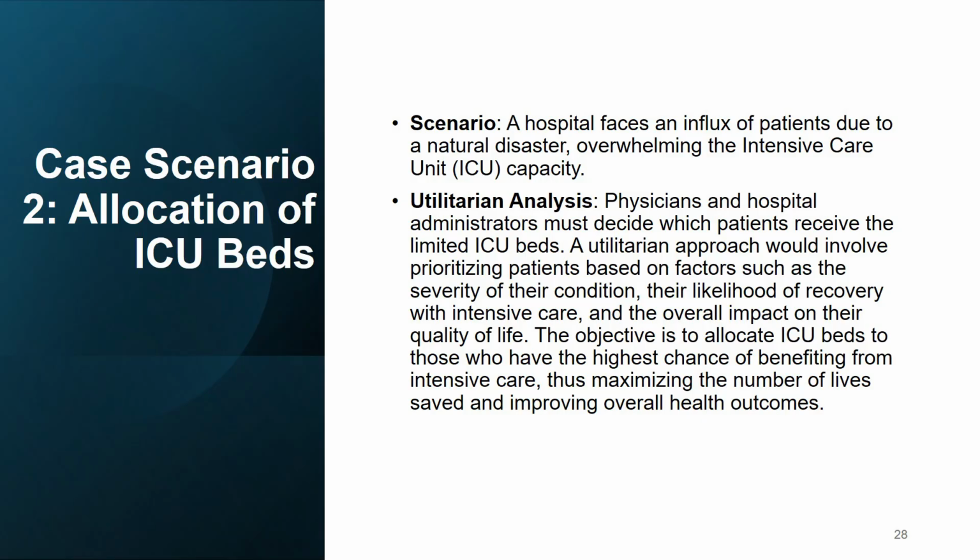A utilitarian approach would involve prioritizing the patients based on factors such as the severity of their condition, their likelihood of recovery with intensive care and the overall impact on their quality of life. The objective is to allocate ICU beds to those who have the highest chance of benefiting from the intensive care, thus maximizing the number of lives saved and improving the health outcomes.